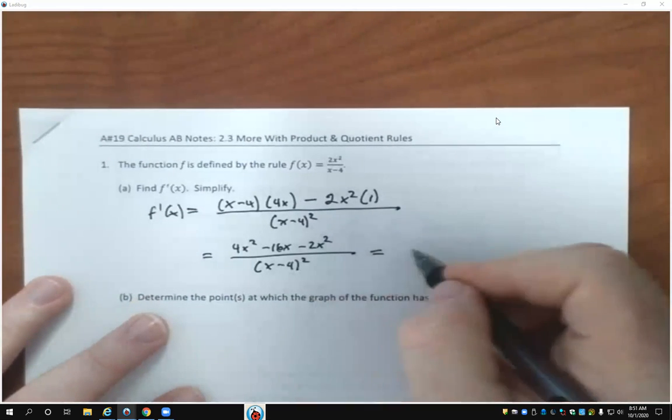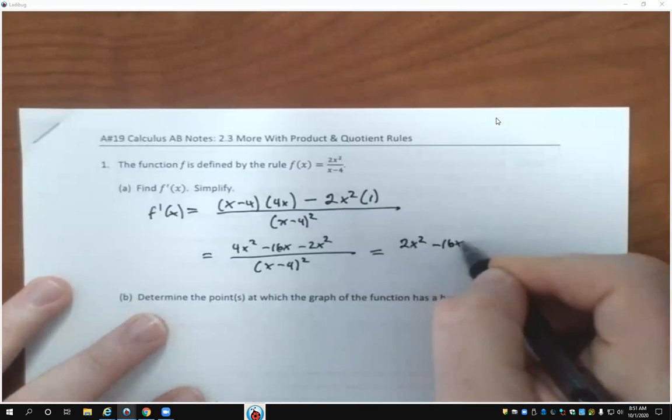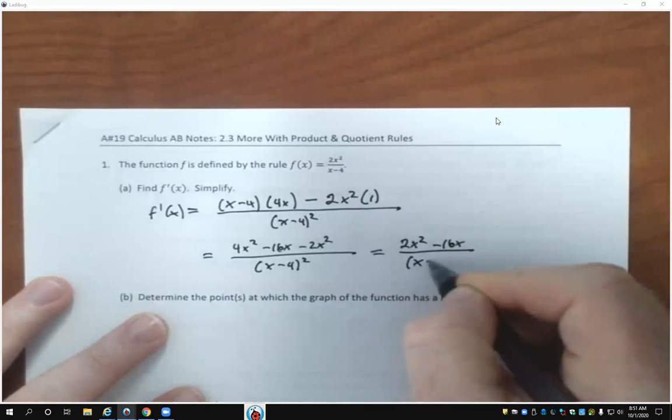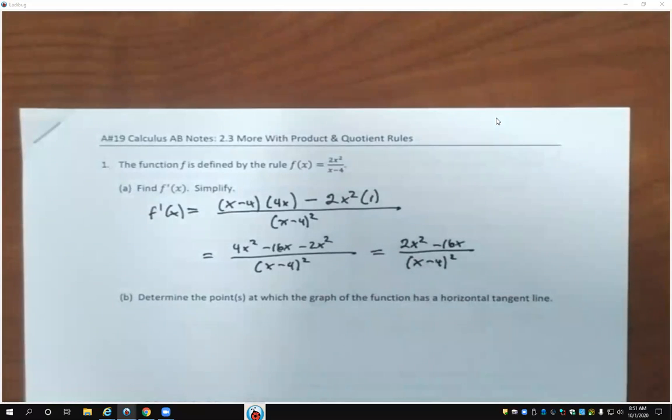And then we can combine like terms and get the final answer of 2x squared minus 16x over (x minus 4) squared. All right, so that's just a basic quotient rule, finding a derivative.